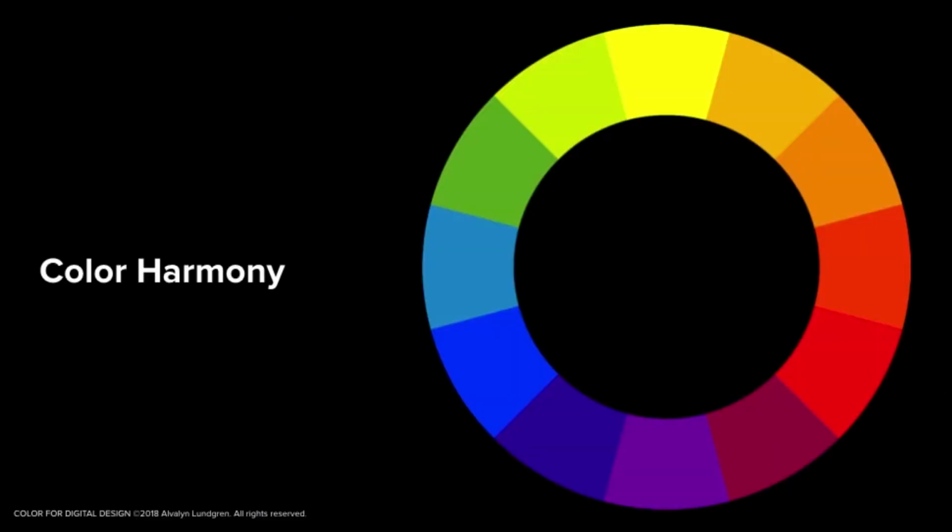So color schemes, or color harmonies, can be likened to harmony in music. Notes work together. Notes have certain relationships on the staves and work together to create the sounds. There are harmonious and discordant sounds within music. The same thing is true for color.